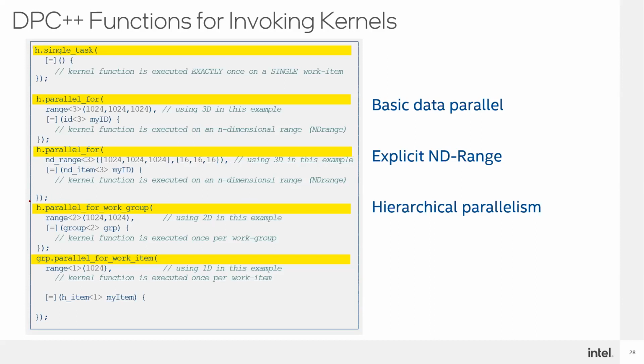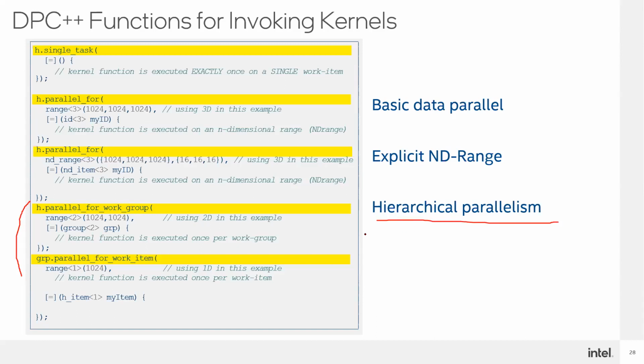And the last option, but actually there are some other member functions inside the command group which you can invoke, and they are not the focus of this presentation, but you can check the implementation to see what else you can invoke, like the fill method and others. And this last one is called hierarchical parallelism.